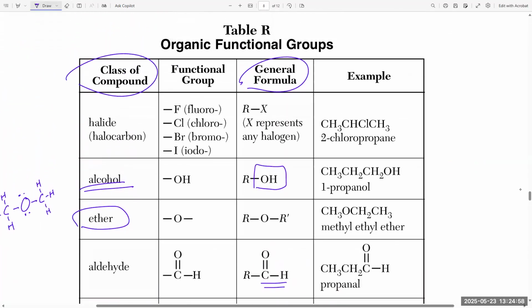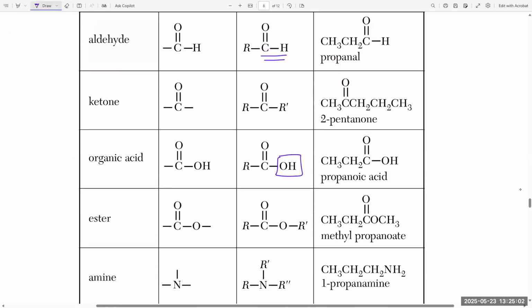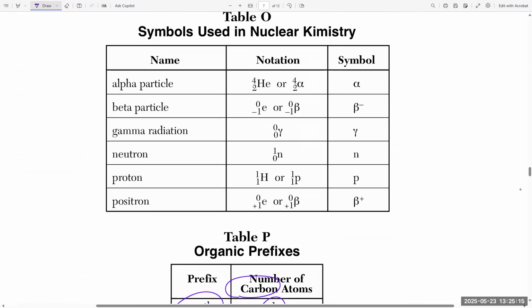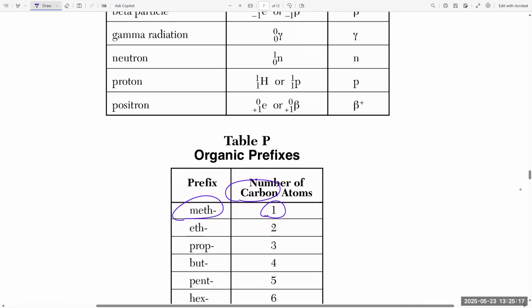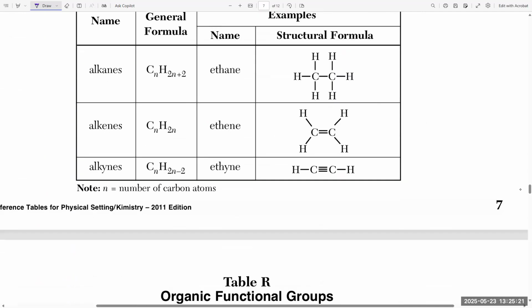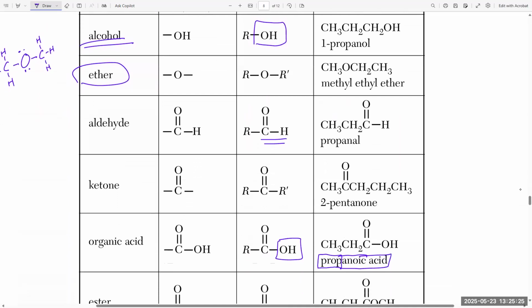Let the example be your guide, right? So let's go look at our example, right? It's propanoic acid, right? Let's take a look. What does prop mean? Prop is right here. Prop is 3. You see that? So if you see prop and that's 3, let's go back and look at our example one more time.